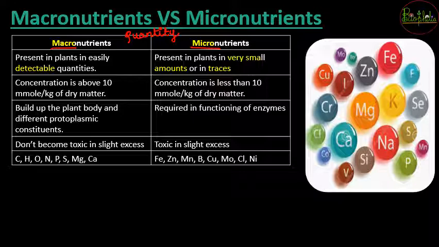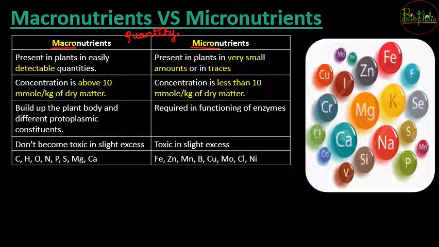So macronutrients detectable quantities है, so what should be the concentration? Numerical values होती है about 10 millimole per kg of dry matter, जबकि micronutrients की होती है less than 10 millimole per kg of dry matter.